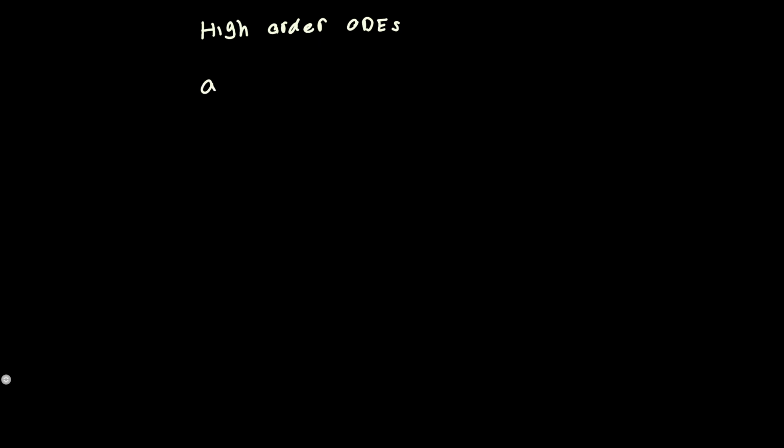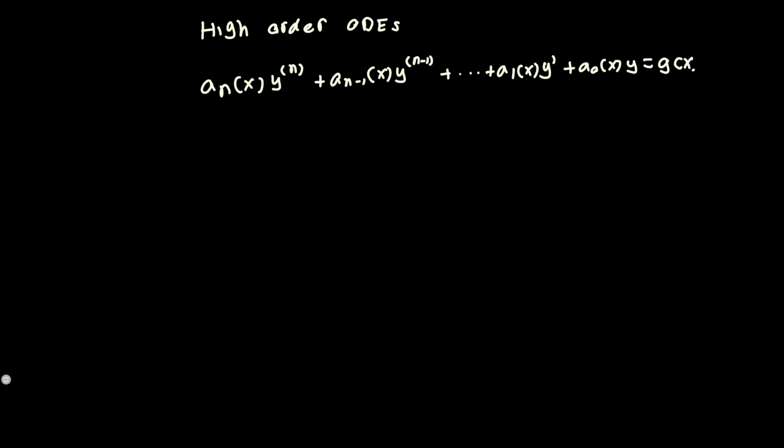So we have a_n of x times y to the nth derivative plus a_(n-1) of x times y to the (n-1)th derivative, up until a_1 of x y prime plus a_0 of x y is equal to some function g of x.